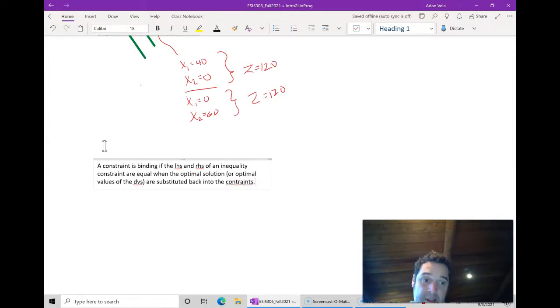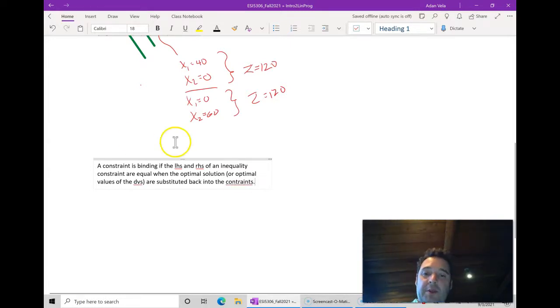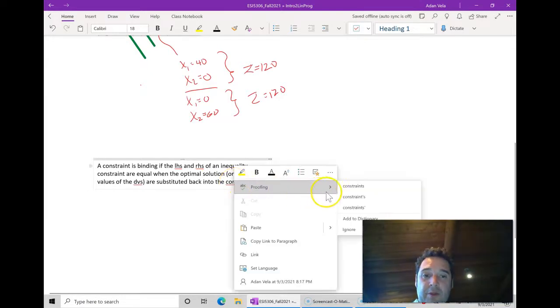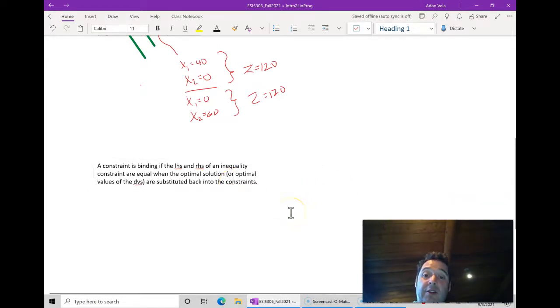This is a rule that tells us if a constraint is binding or active. And if this is not the case, then we call the constraint inactive.